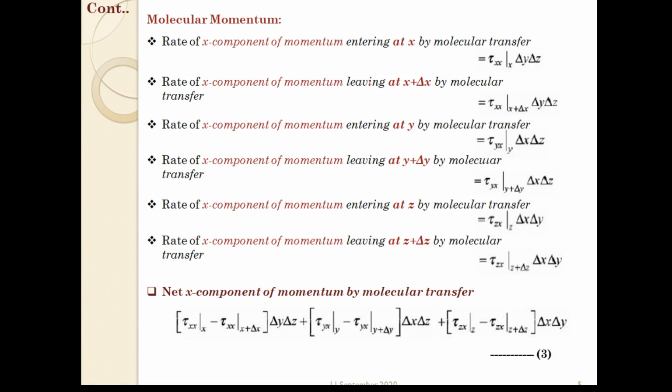Now similarly, the x component of momentum that is entering at x by the conductive transfer or the molecular transfer is tau xx at x times del y del z. Similarly the area we have is del y del z through the x phase.